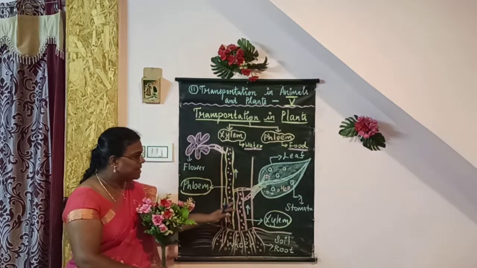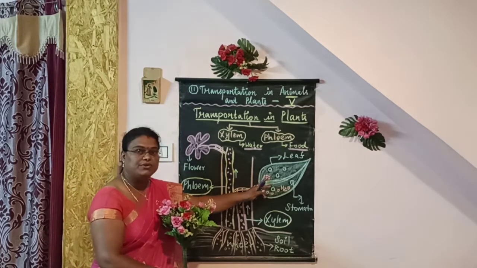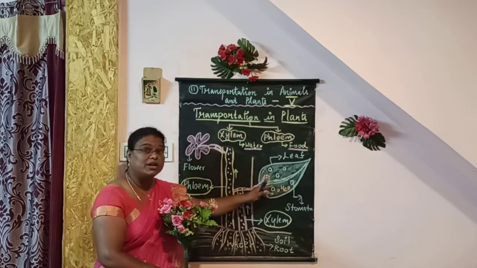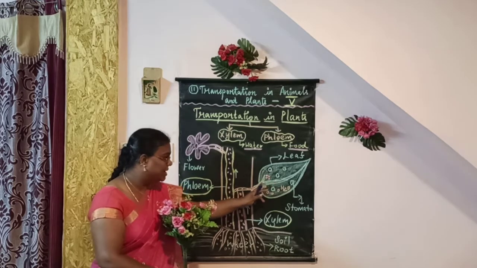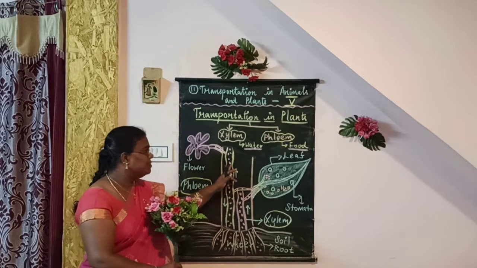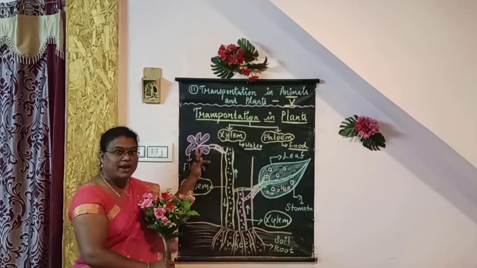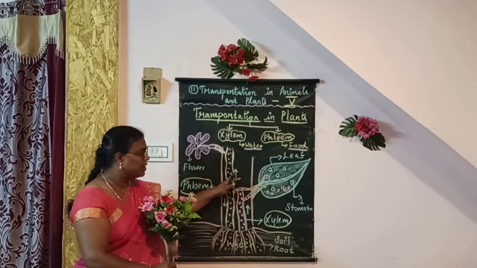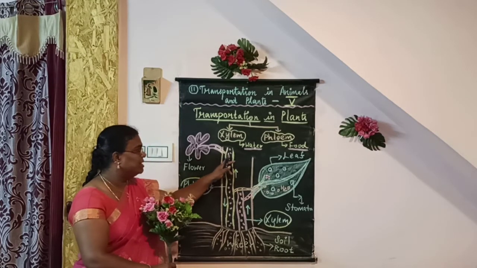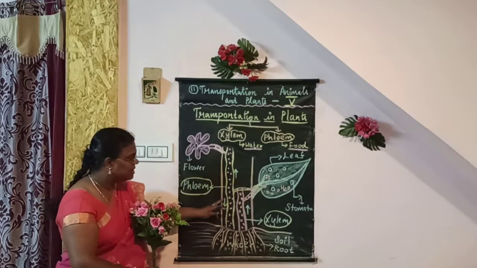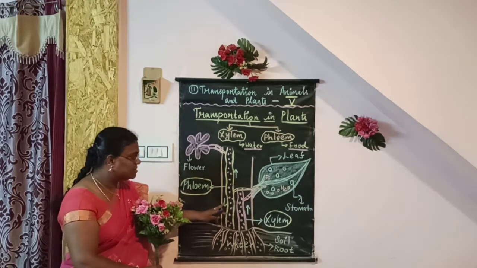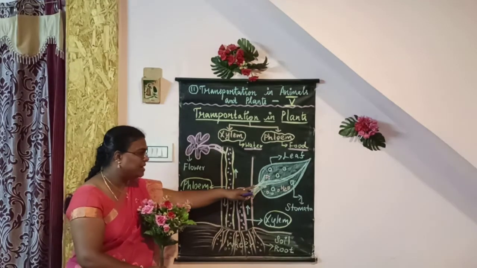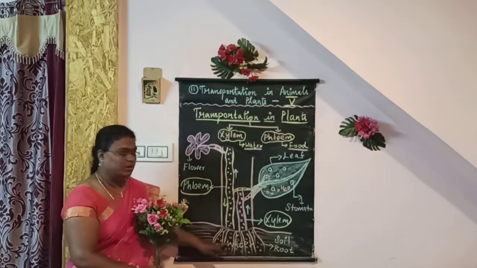It takes the prepared food, the products of photosynthesis, from the leaf and distributes it to the flower and also to the root. This arrow mark indicates it takes the food materials to the flower, and this arrow mark indicates it transports food material from leaf to root.